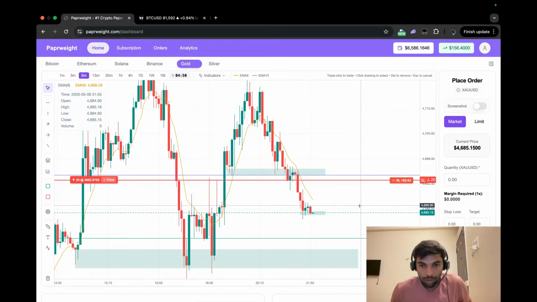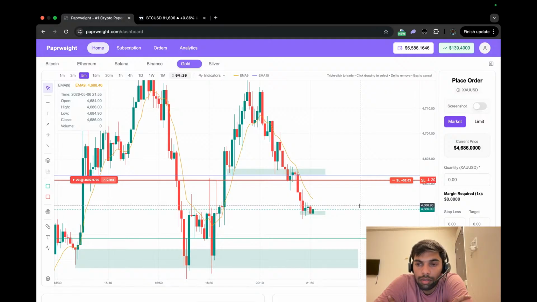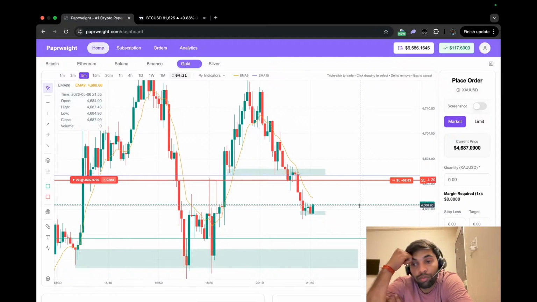Come on, Gold. Come on. You're doing great. Shit, it took support again. Okay, not at a support, but a crazy amount of reversal.